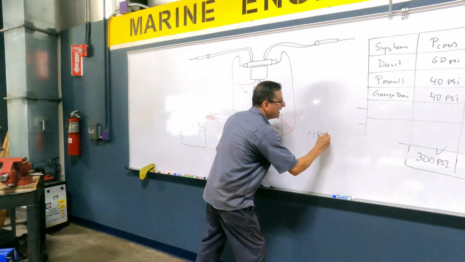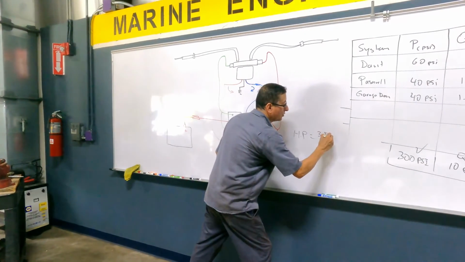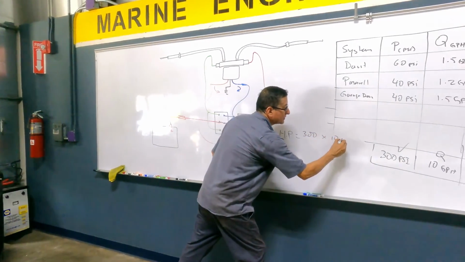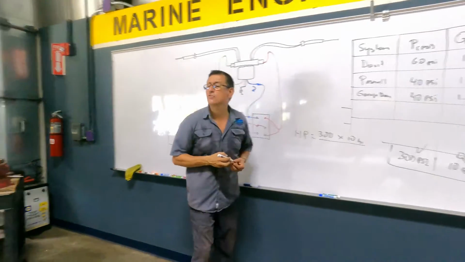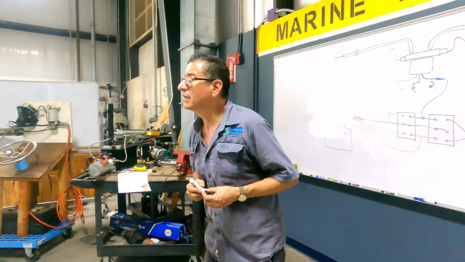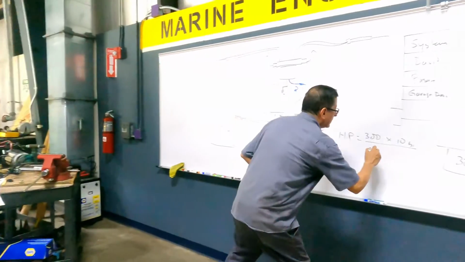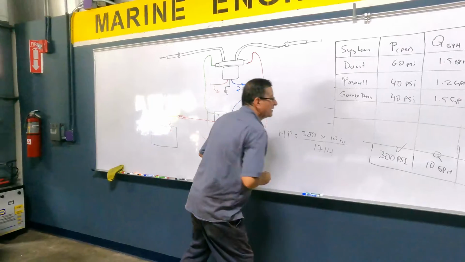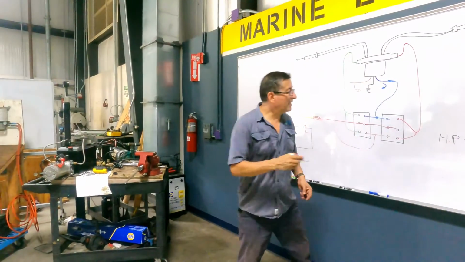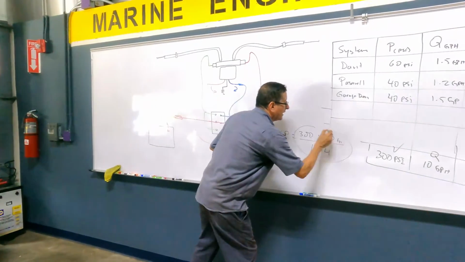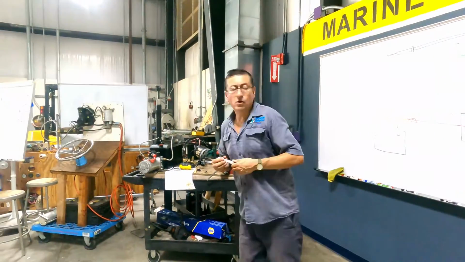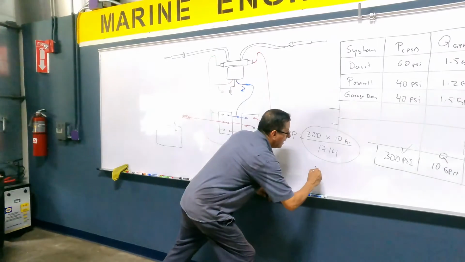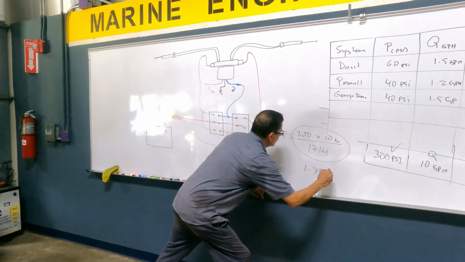Horsepower is equal to the pressure times the flow divided by the constant. How much is the constant? 1714. With that expression, how much is that? 3,000 divided by 1714 is 1.75 horsepower.